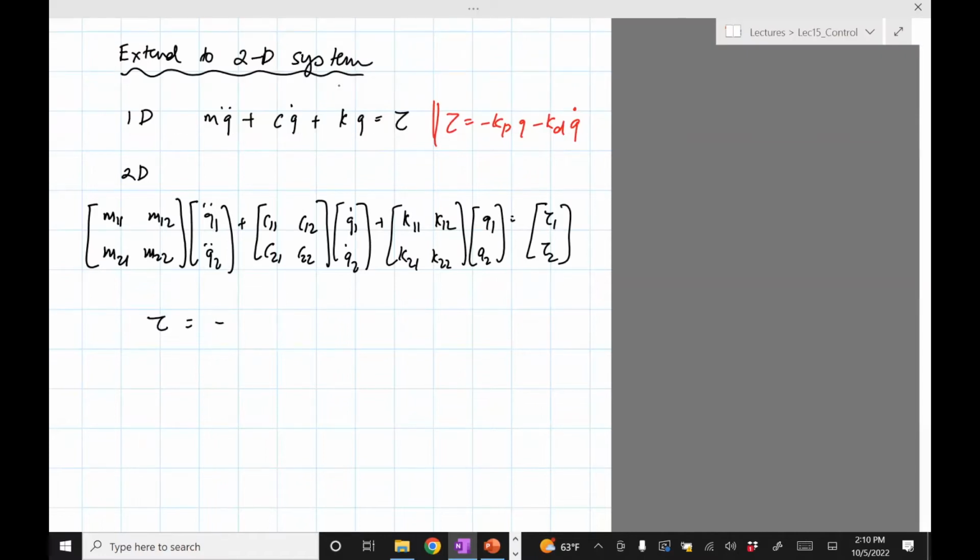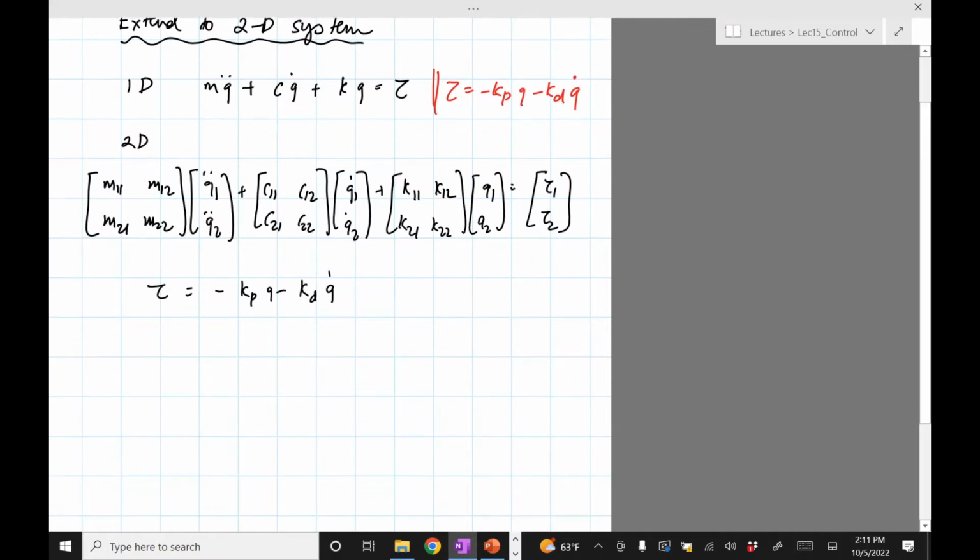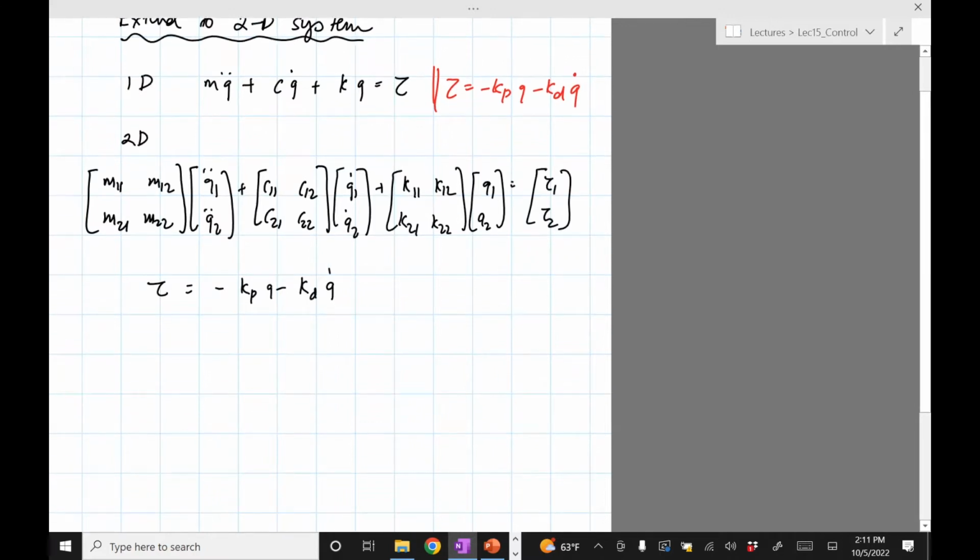So minus kp q minus kd q dot. Okay, now I'll just write this as a matrix equation. That way you'll understand what those k's are. Kp and kd will be matrices and not scalars like we had for the 1D case.